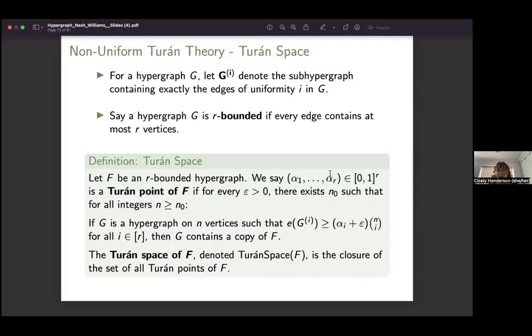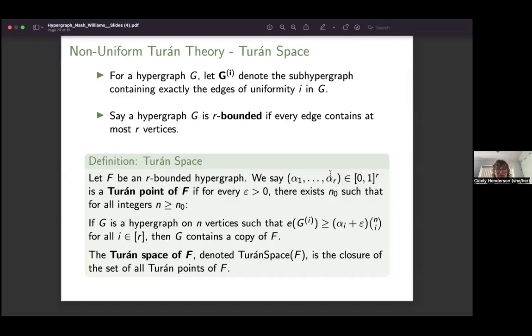I think the last point that I want to wrap up on is that Luke always says to me, when you find the correct definition, then everything will fall into place. And I think that was really true for this project, is that as soon as we hit on this definition, it solved all of our problems. And there have been other people who've developed versions of non-uniform Turán theory.